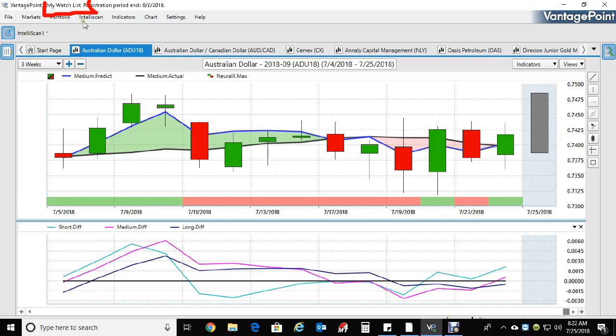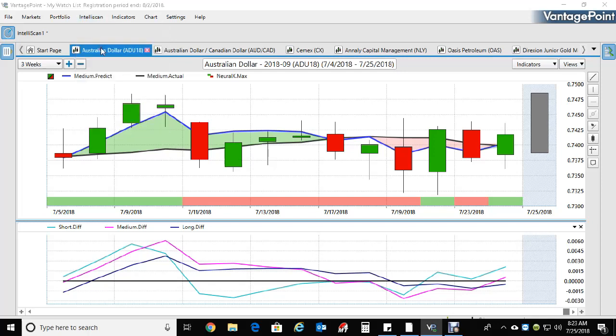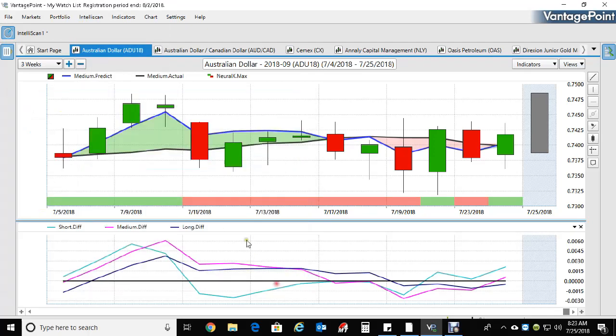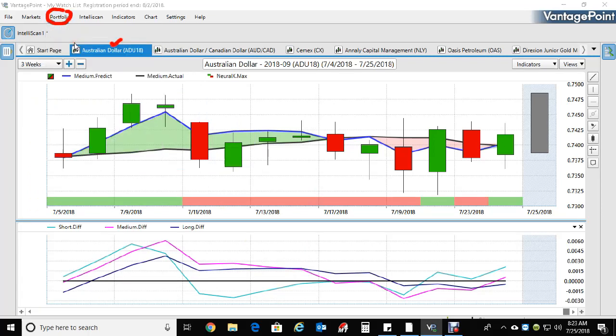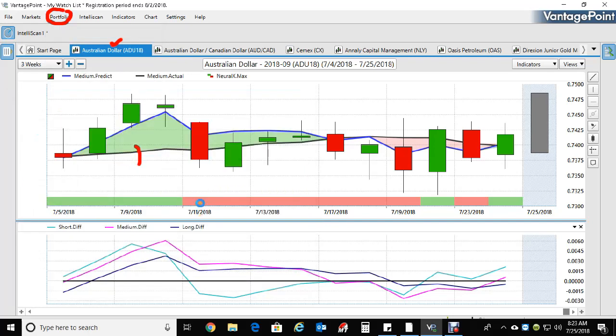And you can save as many portfolios as you want. I don't see my watch list. That is because you're opening your other ones. Again, it's got to go in the portfolio, open portfolio, and then energy and My Watch List.